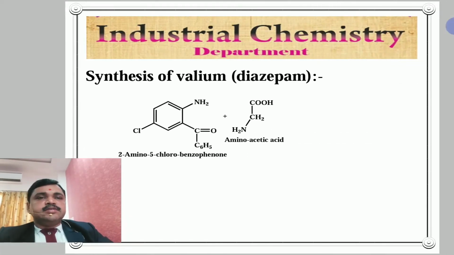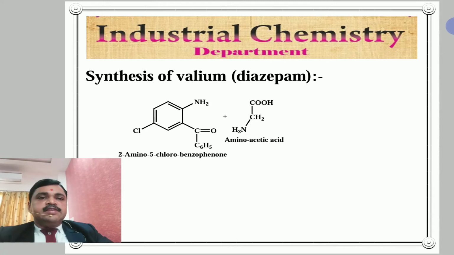And the last compound for this unit and this lecture is Valium. It is also known as diazepam. Valium, or diazepam, is synthesized from two compounds. One is 2-amino 5-chlorobenzophenone. Repeat the name, 2-amino 5-chlorobenzophenone.